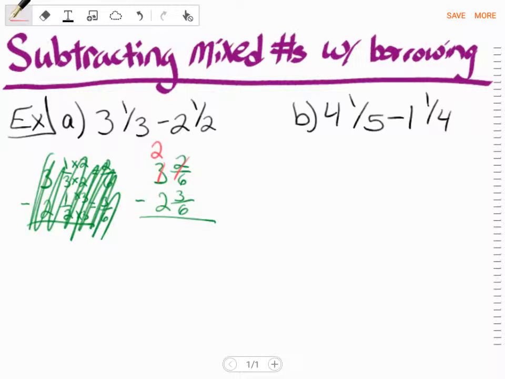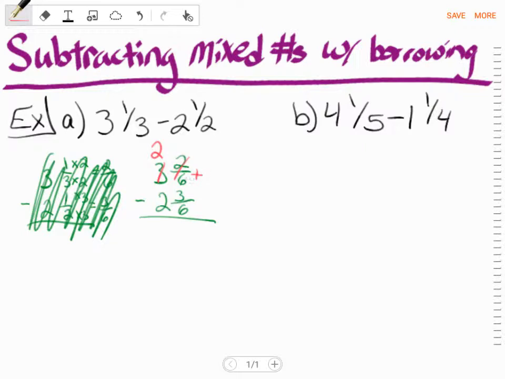But we struggled with knowing what to do over here with this guy. Remember, you just took 1 away from the 3. You took 1 whole. That's all you took. So in order to balance this off so that I'm not just changing the value, I've got to add 1 to my number here.